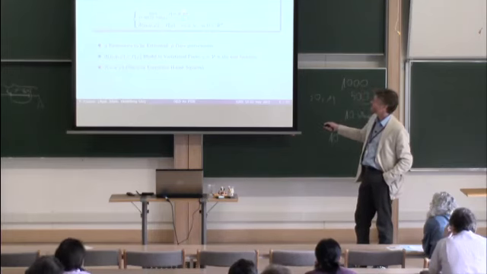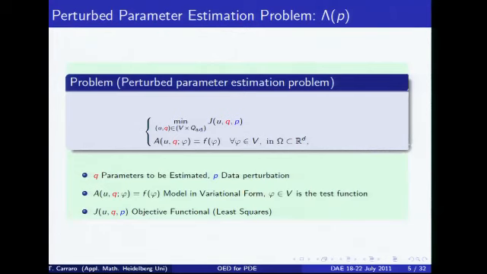The state is dependent on the equations, it depends on the state and parameters, and actually you can consider here also a perturbation of the model, but I'm not doing this here. Of course, in the framework of PDE, I consider the model now in a variational form. So I consider a test function, and I use this notation.